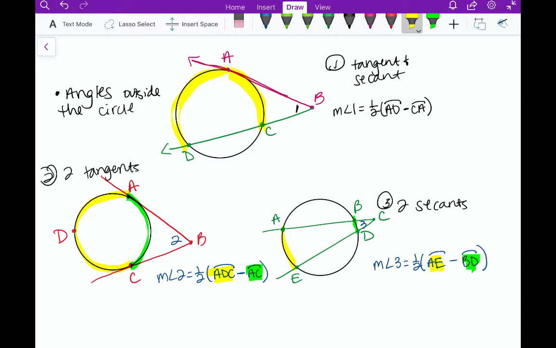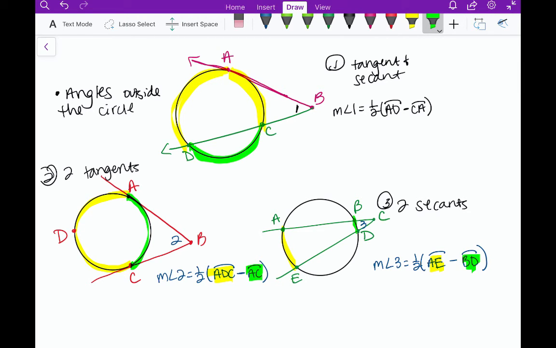You may have to find it, because maybe I give you arc DC and arc AD. Well, you can find the third arc by subtracting the sum of AD and CD from 360, from a previous lesson. So take all the information you know and try to apply it as best you can.